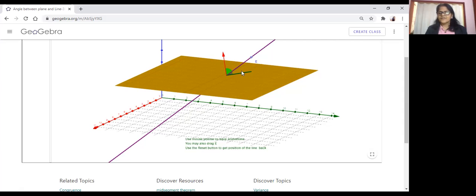This angle and this angle are complementary to each other. If this is theta, this will be 90 minus theta. So the angle between a line and a plane is always equal to the complement of the angle between the line and the normal to the plane. Okay, so let's study the concept in an elaborate way, and we can see the conditions.